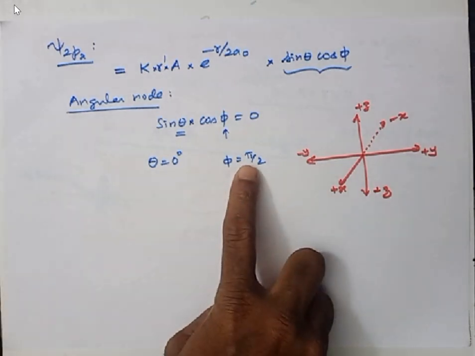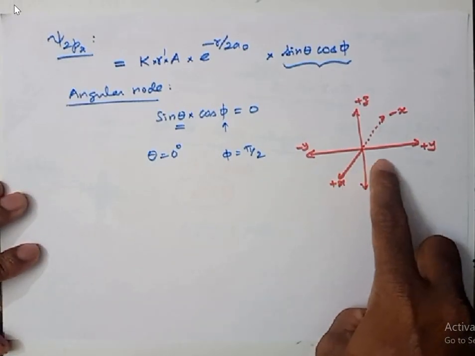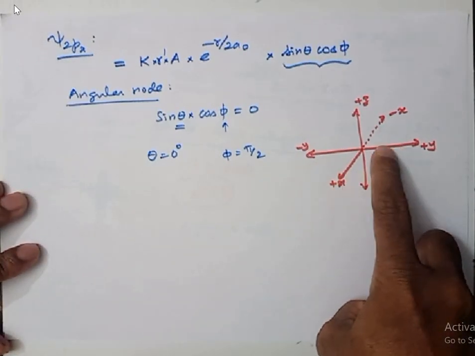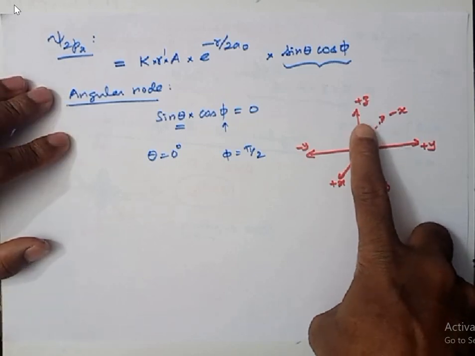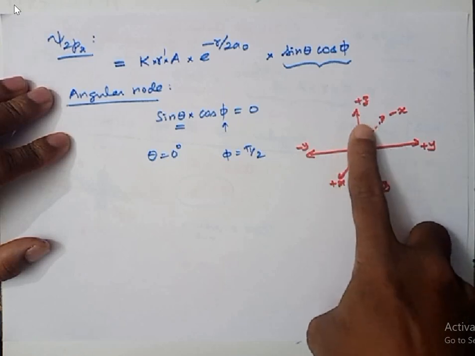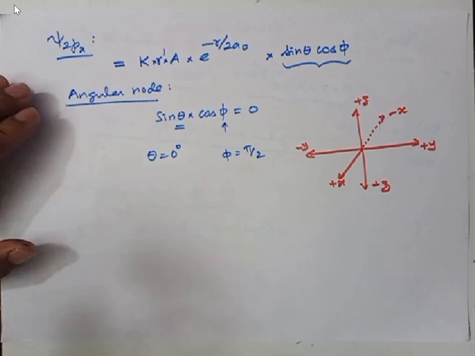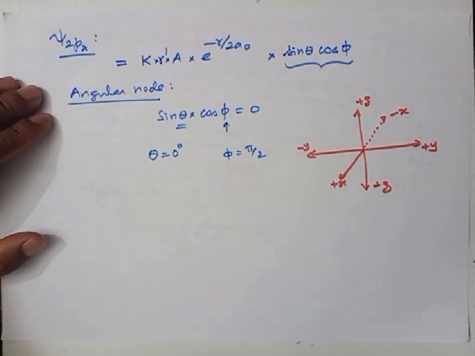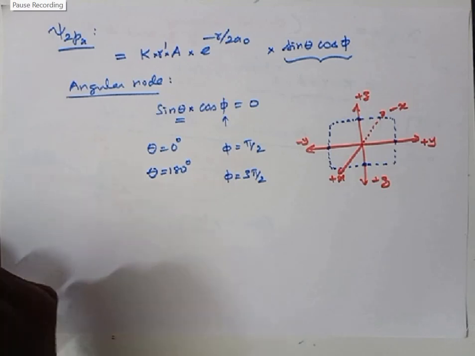Phi pi by 2 means, from the plus x axis, 90 degree is at plus y, correct? So which plane should it be? I repeat, for the px orbital, the lobe exists along the x axis.